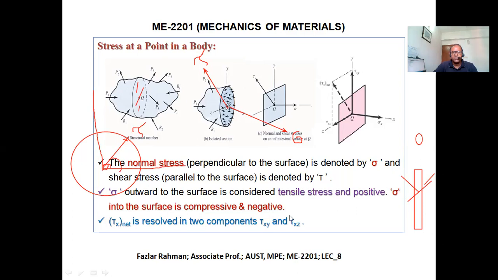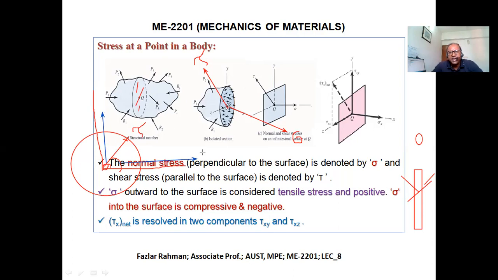One component works along this direction, the other along this direction. That means at a single point there is one normal stress perpendicular to the surface and two shear stresses along two axes.